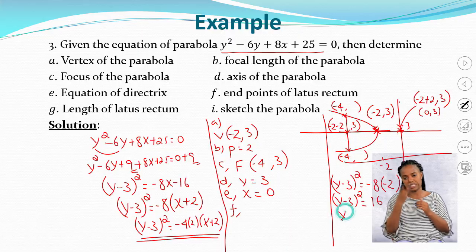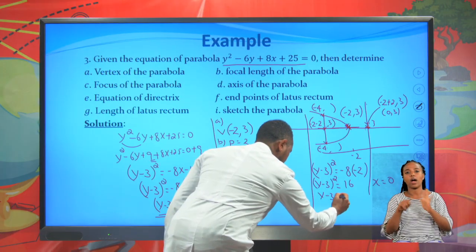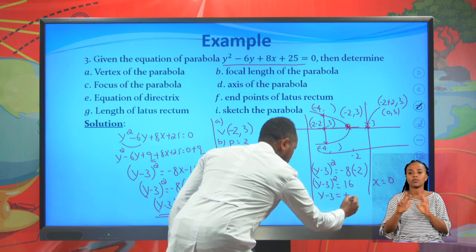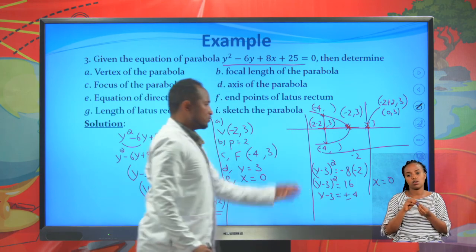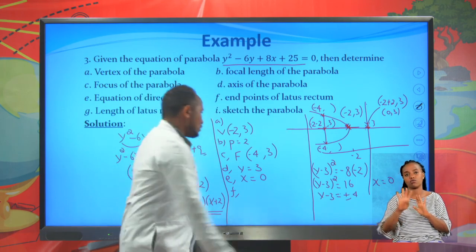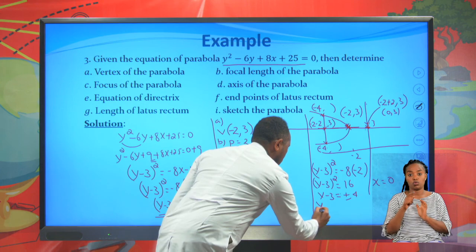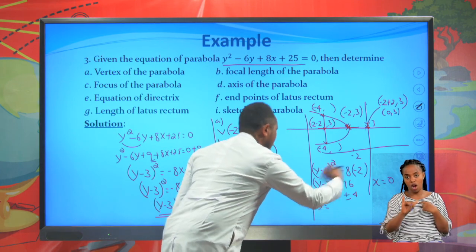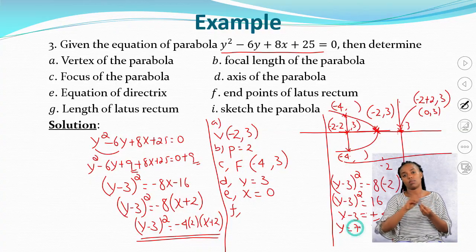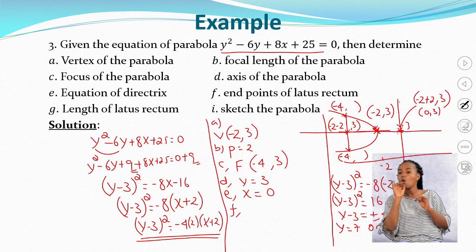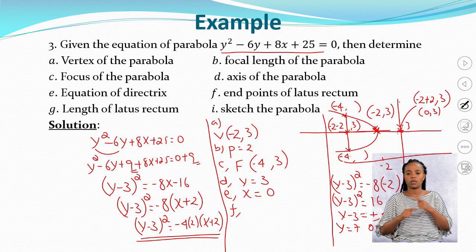Therefore y minus 3 is equal to plus or minus 4, taking the square root of both sides. So you have y equal to 4 plus 3, which is 7, or y equal to negative 4 plus 3, which is minus 1.